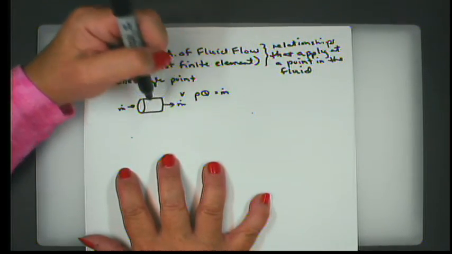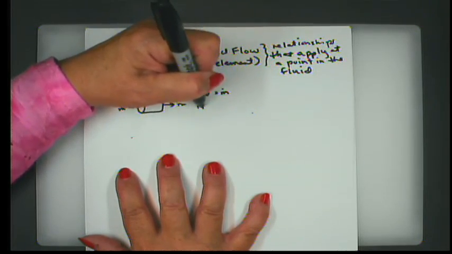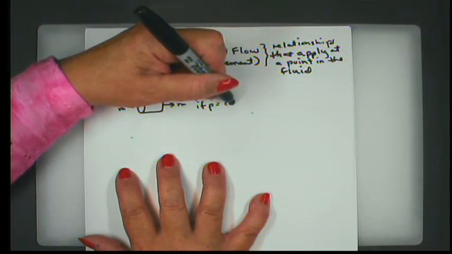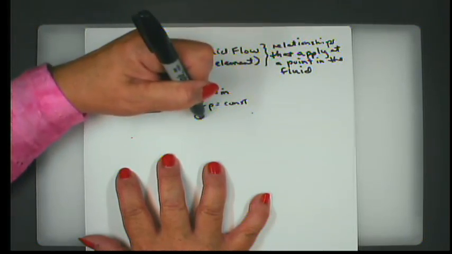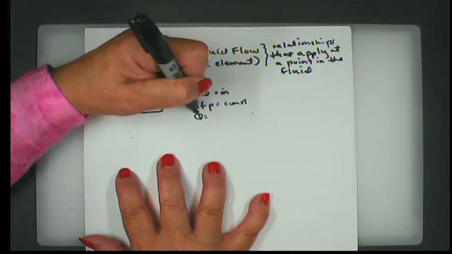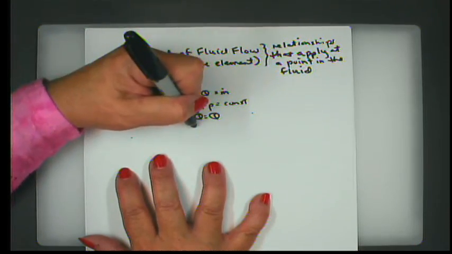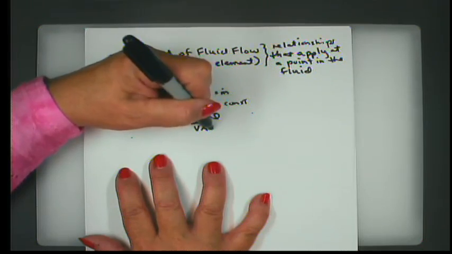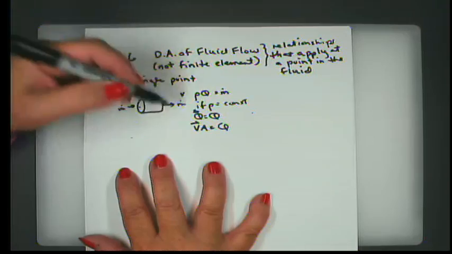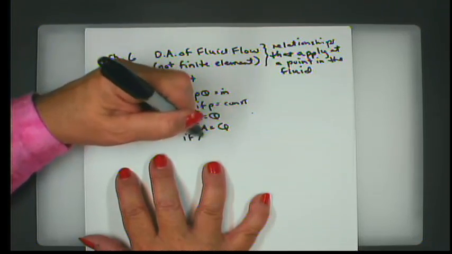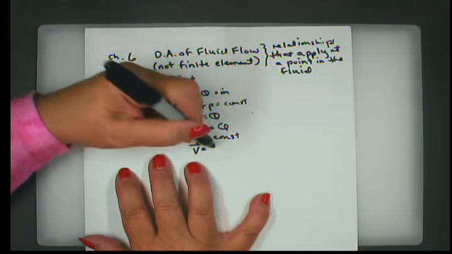In the case of an incompressible fluid, in other words, if rho is constant, then we could also say that Q is constant, Q in equals Q out. And then we could further say that velocity times cross-sectional area is equal to Q. So if we have the same cross-sectional areas, we can also say V is constant.